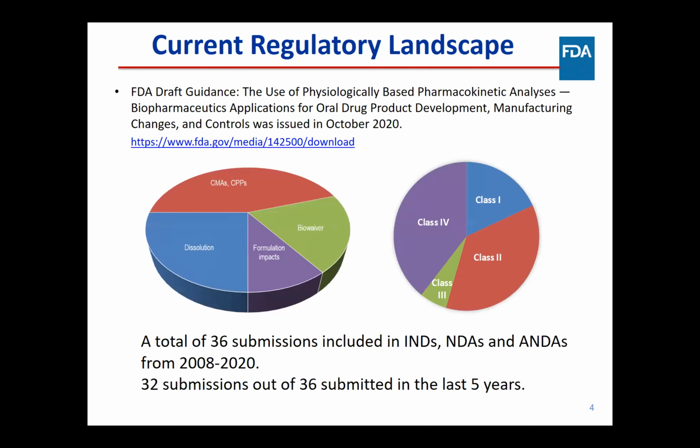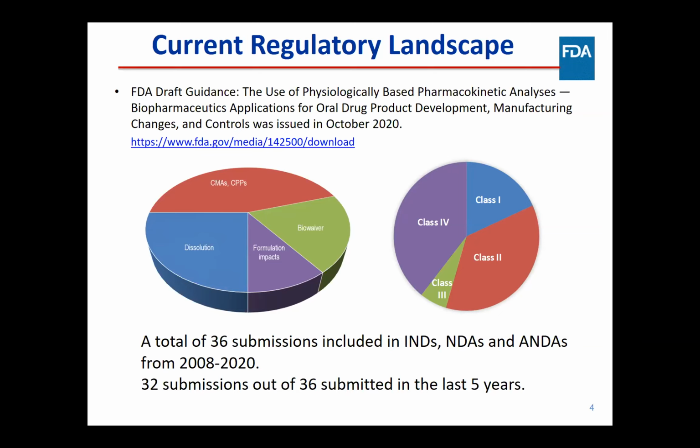Next slide, please. As you know, FDA issued a draft guidance for the use of PBPK analysis for biopharmaceutics applications in October of 2020. I provided the link here. You may access it in this link.